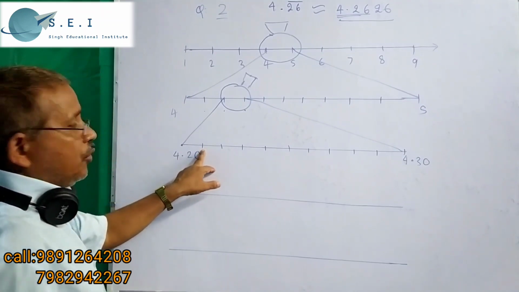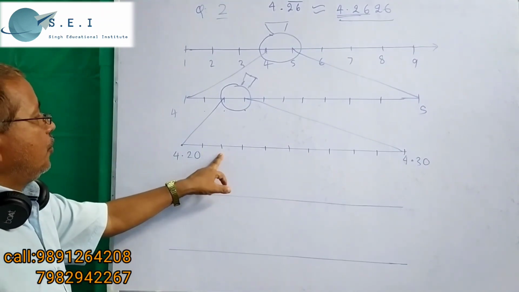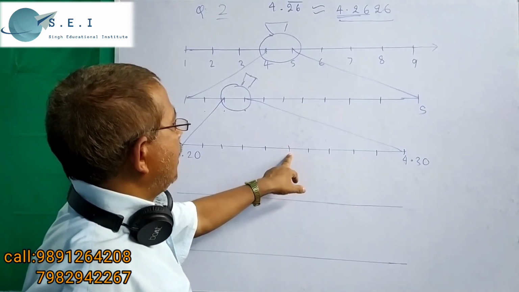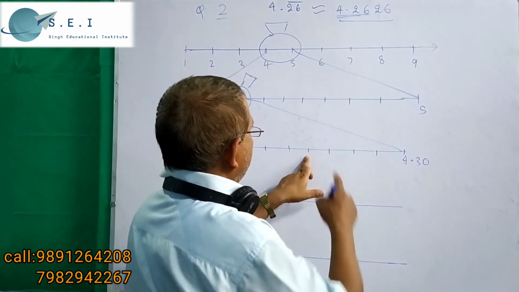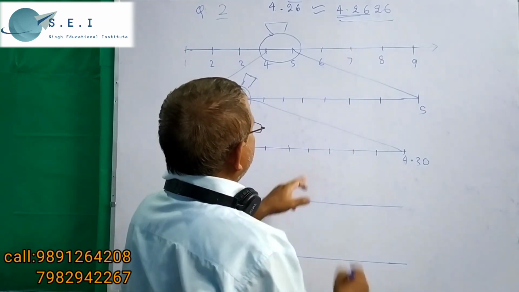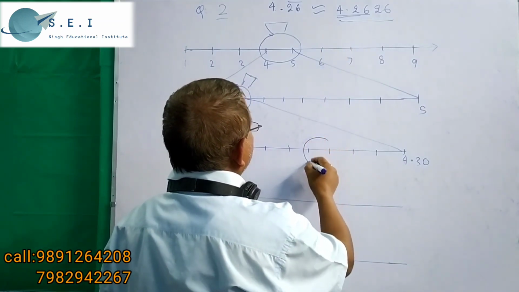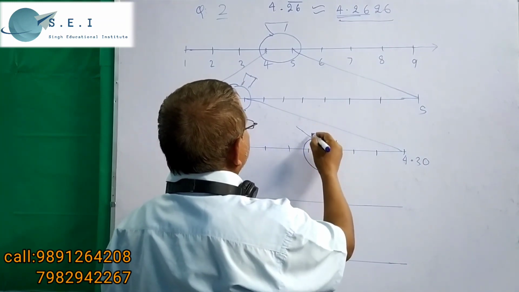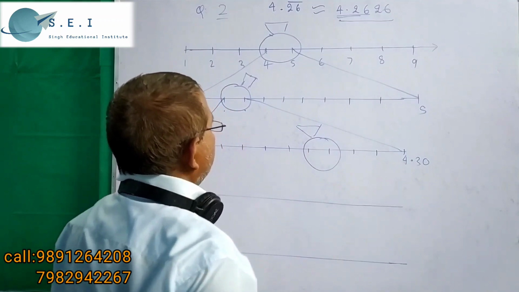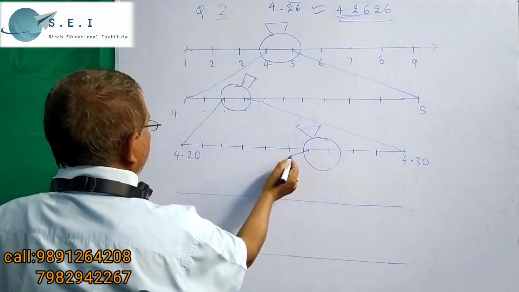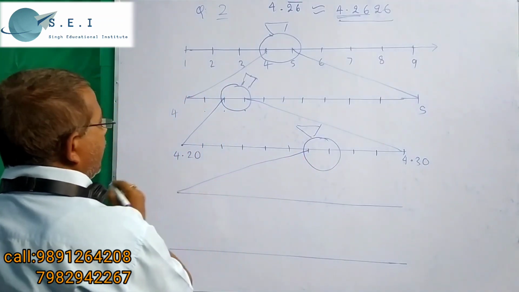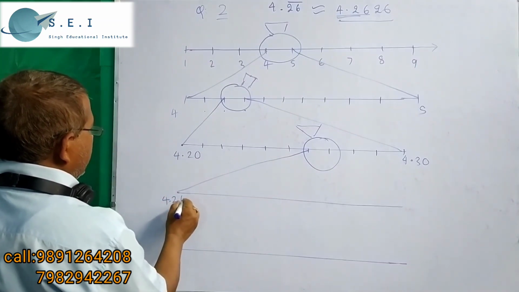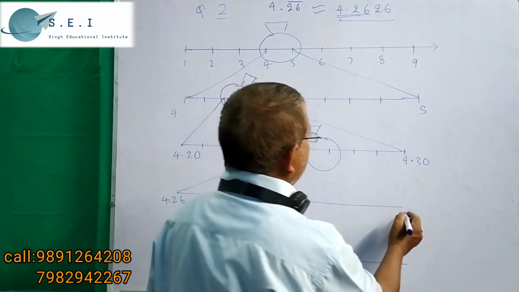The first part is 4.21, 4.22, 4.23, 4.24, 4.25, and this is 4.26. The given number is greater than 4.26 but lesser than 4.27. So magnify this into a wider range. The first end gets magnified here. It is 4.26 and this is 4.27.